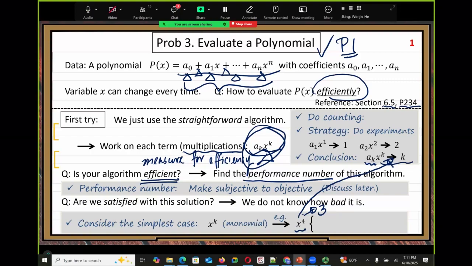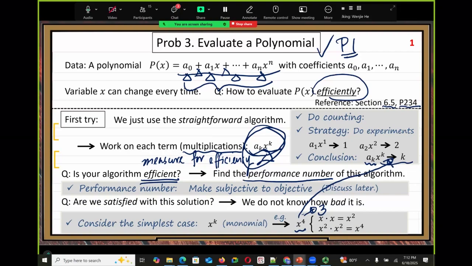The question is, can you do better than 3 multiplications? Let's try. The first multiplication: x times x equals x squared. That's 1 multiplication. Then we need to find x to the fourth.